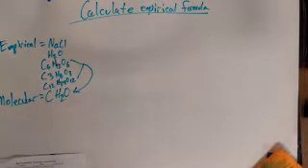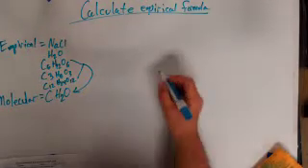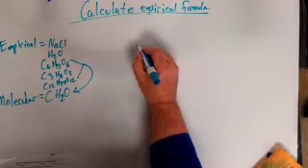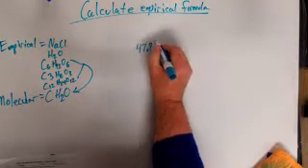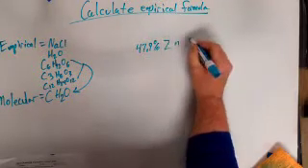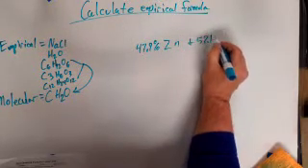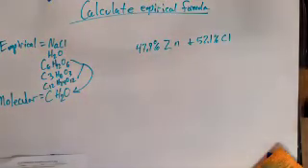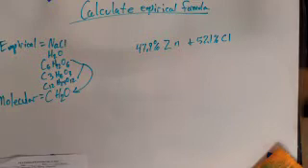So the question tells us that we have a compound that is 47.9% zinc, and it's 52.1% chlorine. So obviously this is going to be zinc chloride, but we've got to figure out the actual ratios, or the actual formula.